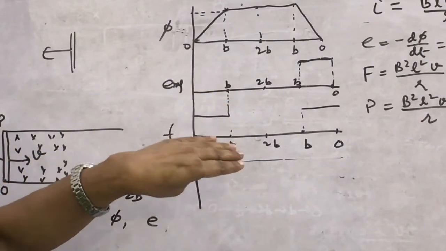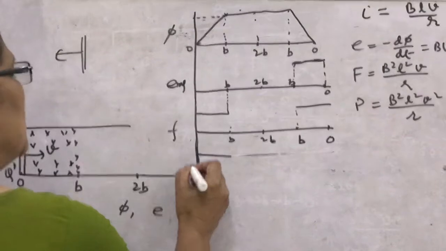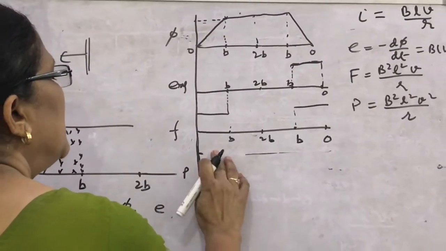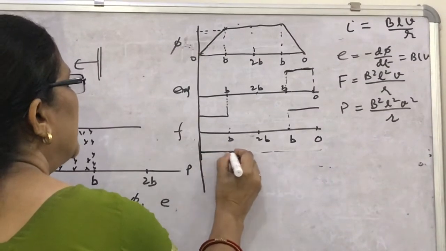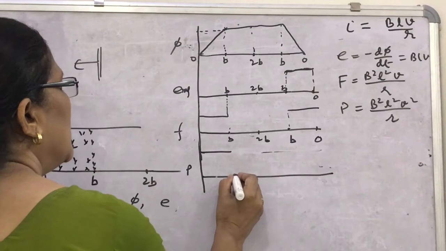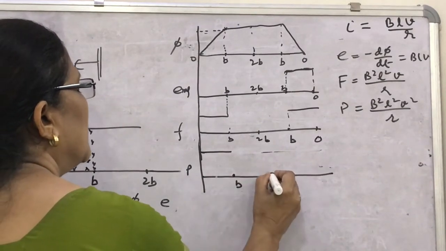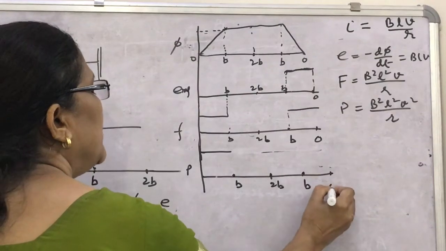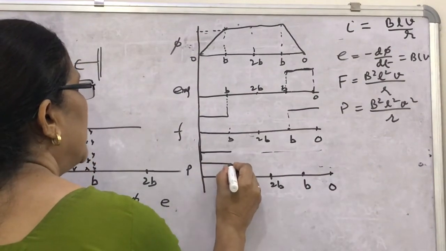That is, power is dissipated as heat. So, what about power? You will plot the graph. Since power is produced in the form of heat, you will find the graph for power.